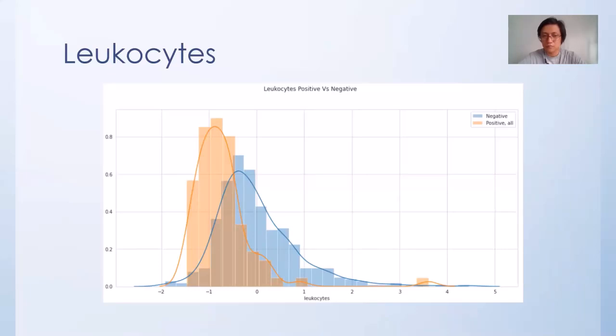But sometimes when an acute infection turns chronic, it can become leukopenia, which is a decrease in leukocytes. Or it can also be a sign of cancer in the blood.